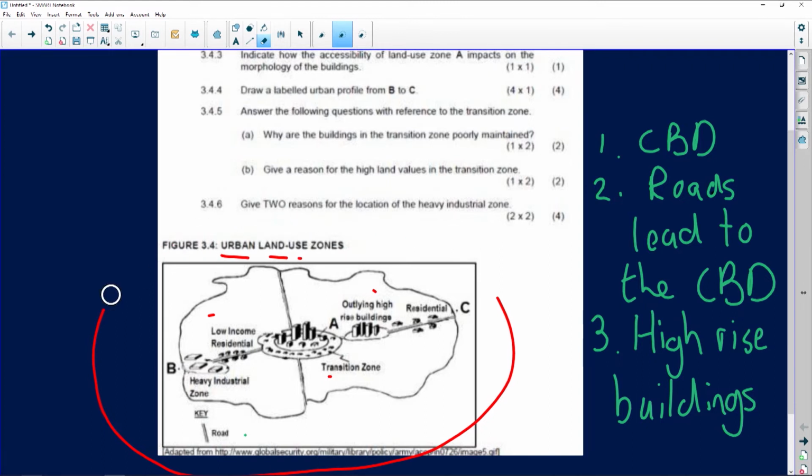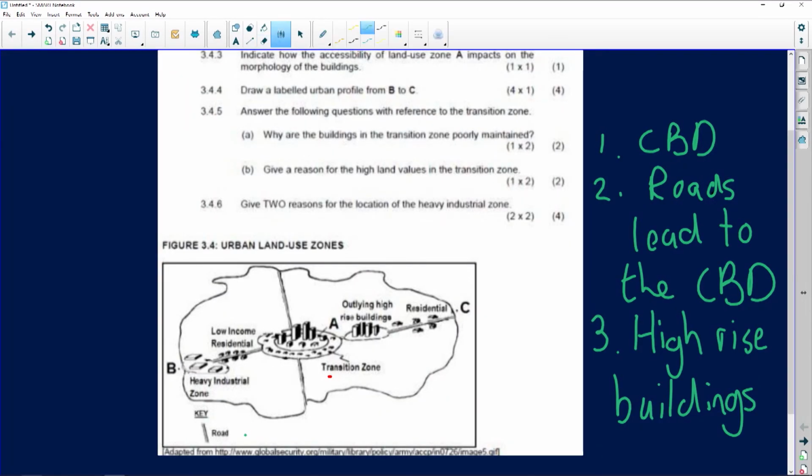Now let's just quickly define what an urban profile is. An urban profile is a side profile of an urban area. So it's basically a cross-section from one point to another point through an urban area. So let's just quickly continue, and I'll go and draw.